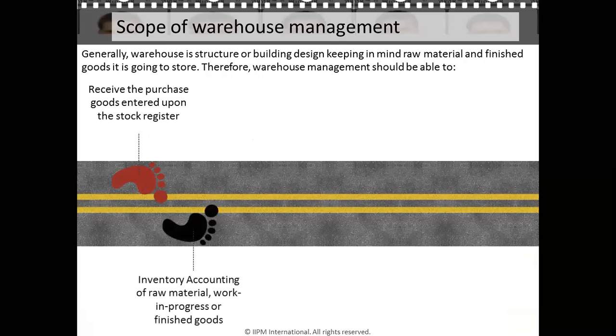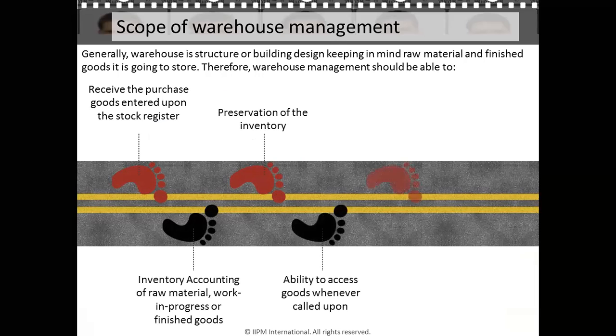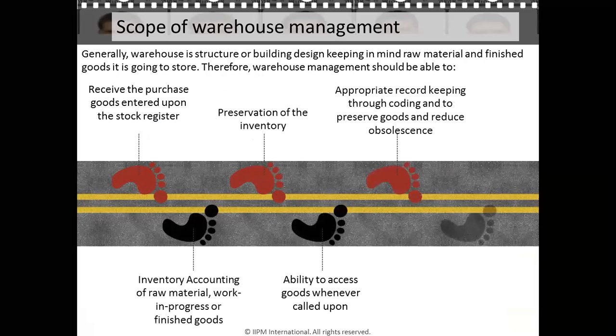What's the scope of warehouse management? Generally, a warehouse is a structure or building designed keeping in mind the raw material and finished goods it is going to stock. Therefore, warehouse management should be able to receive the purchased goods, enter them upon the stock register, do inventory accounting of raw material, work in progress, or finished goods, then preservation of the inventory, and ability to access goods whenever they are called upon.